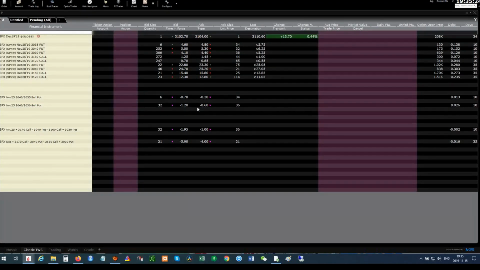What does it mean? If I go for a short bull put, I get the premium, I go for a credit trade. It means I will get only 60 cents, respectively $60, for such a trade as a premium. But if I want to close this trade, I will have to pay $120 if the price doesn't move at all.